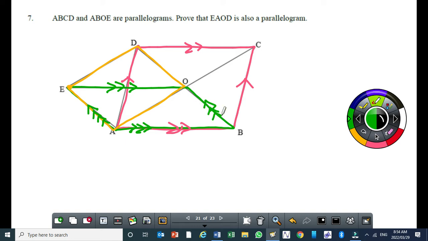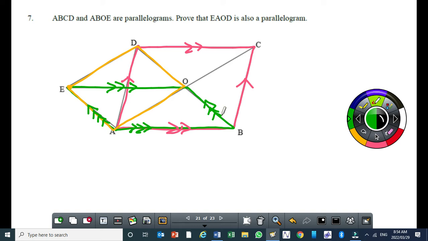And please be aware that this whole line is DB. It's going to be parallel to EA. Do you see that? DB is parallel to EA. Therefore, my suggestion here is to just prove based on one pair of opposite sides being equal and parallel.